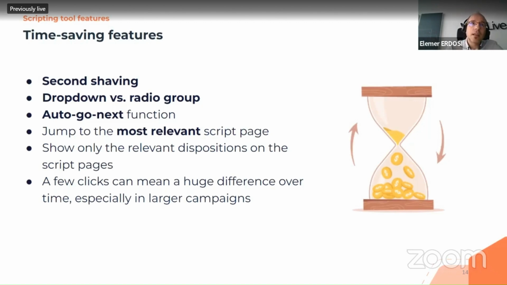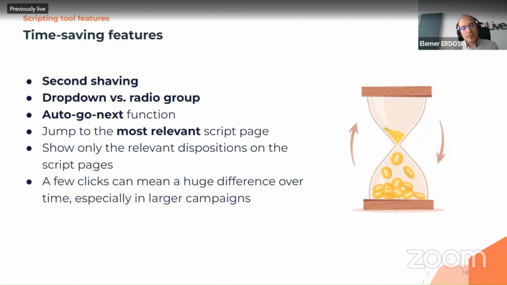And if you can find some seconds, some moments where you can improve the agent's work, then you can decrease that time, and then they can spend it on more valuable things. For example, you offer some categories for the agents to select from. It can be a drop down or radio group where they can even search for values, so they don't have to scroll down between the values. It will be there.